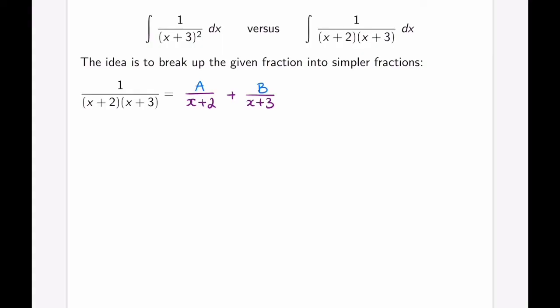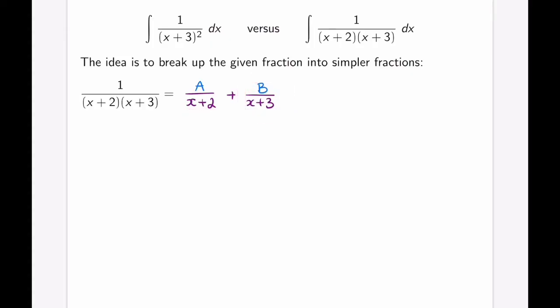What I'm going to do next is actually do the common denominators on the right-hand side here, and then compare what I get. If I were to put these two fractions together, I would have to multiply the first fraction by (x plus 3) over (x plus 3), the missing portion of the denominator, the one part that is not included in the current fraction, and I would have to multiply the second fraction by its missing denominator factor, namely x plus 2.